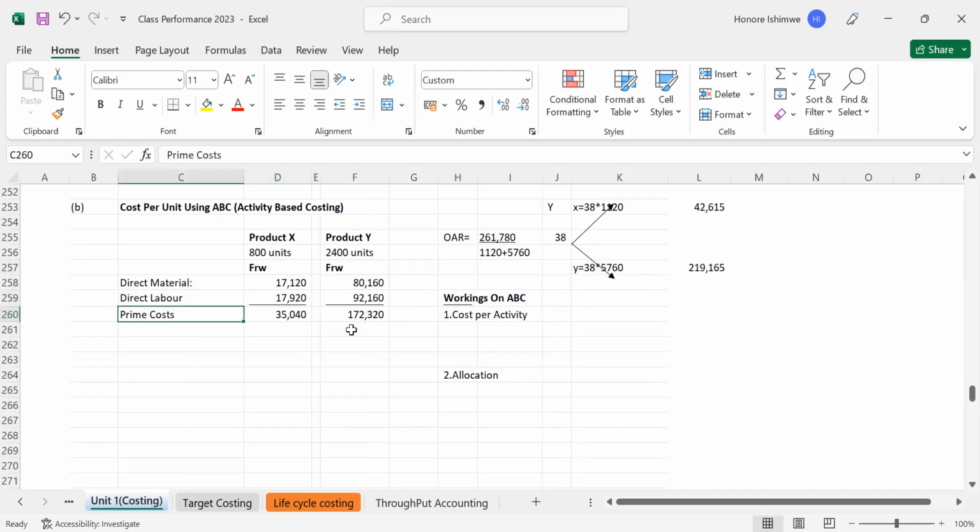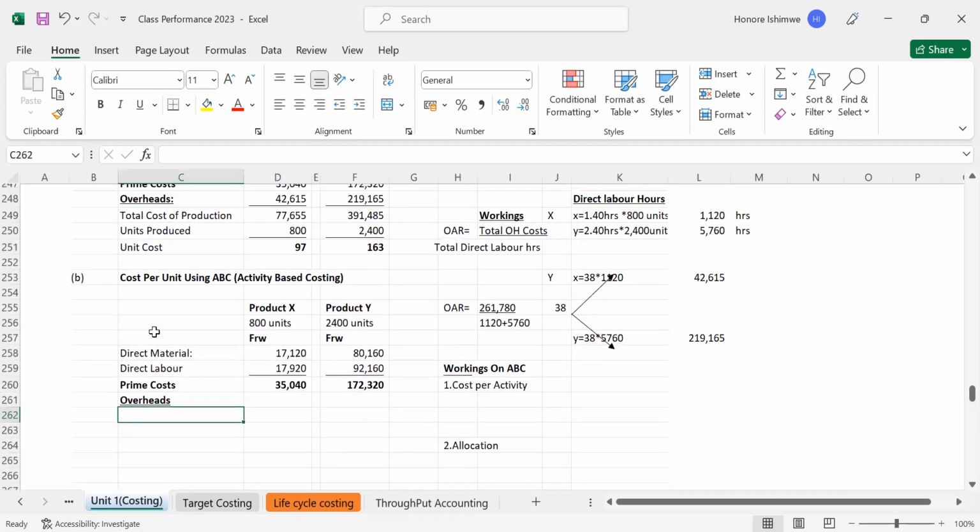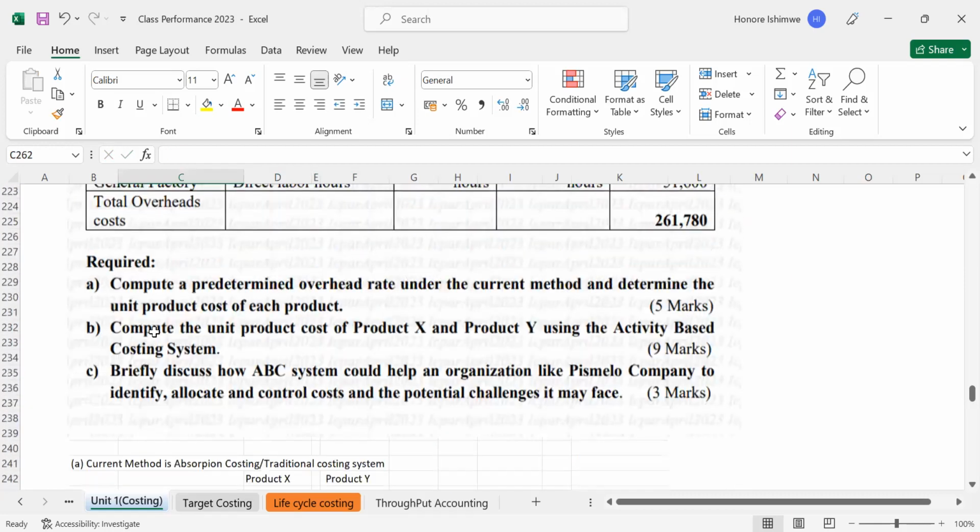So here, let me copy it. I put here my overheads. What are my overheads in the question?